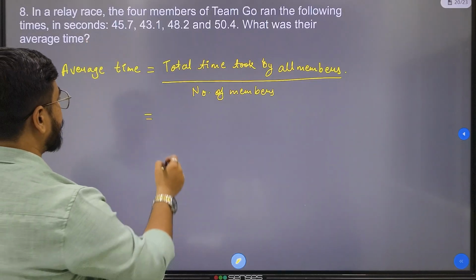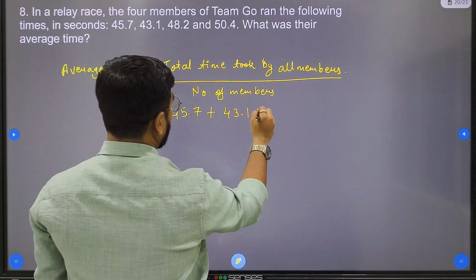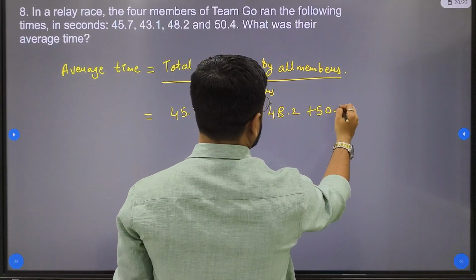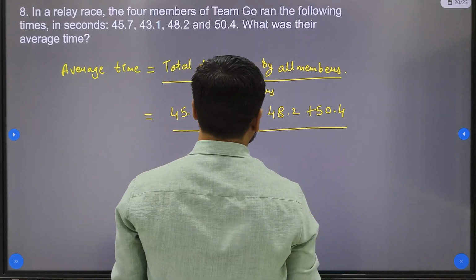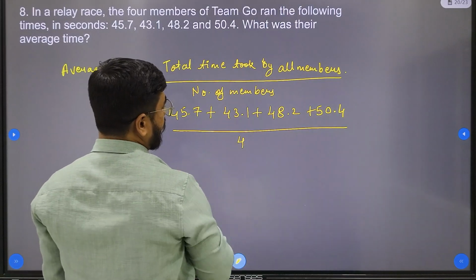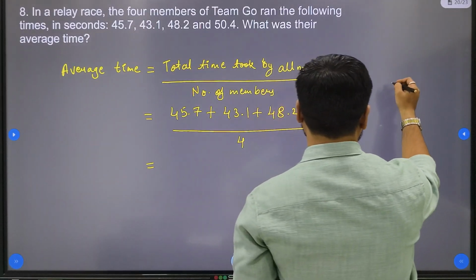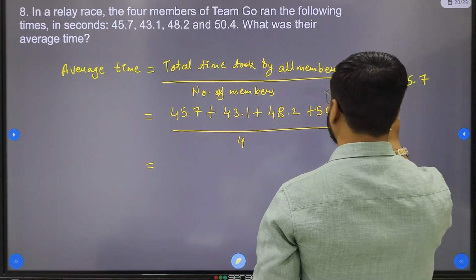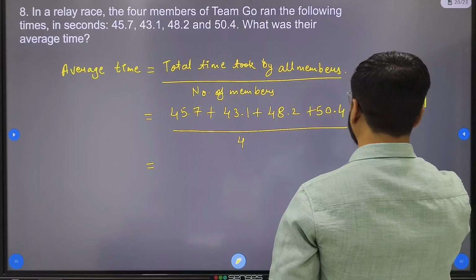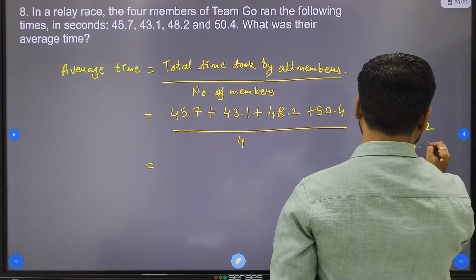So what do we have? 45.7 plus 43.1 plus 48.2 plus 50.4 divided by number of members. How many members are there in the team Go? That is 4. So let's do the addition first of all. 45.7 plus 43.1 plus 48.2 plus 50.4.